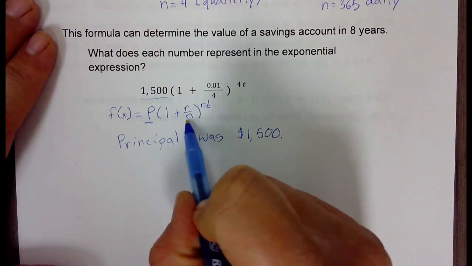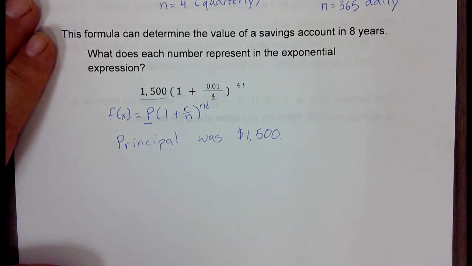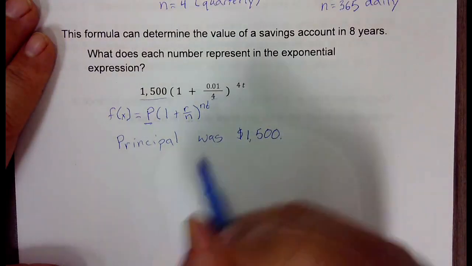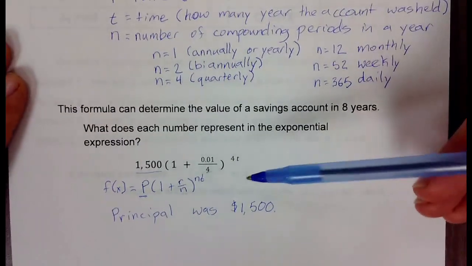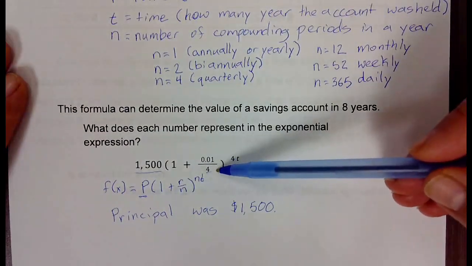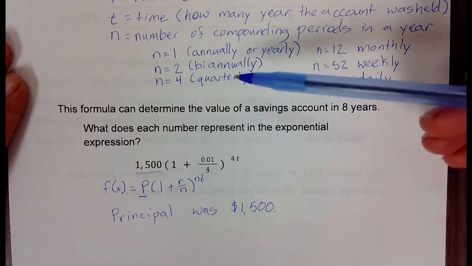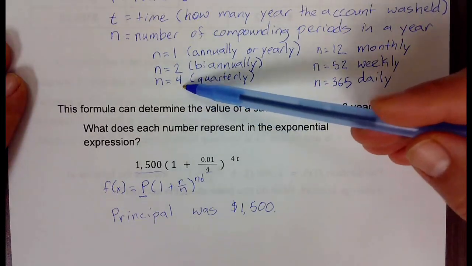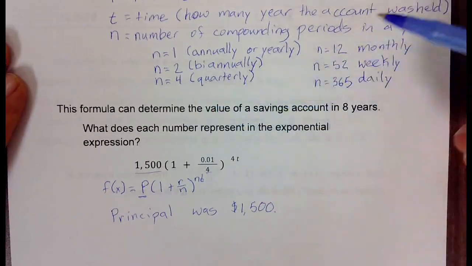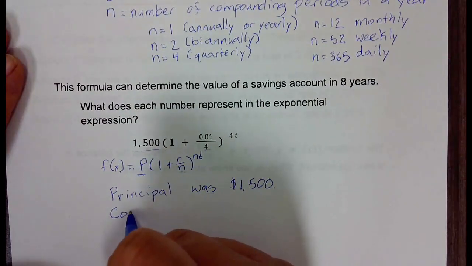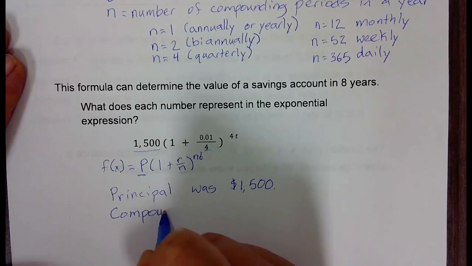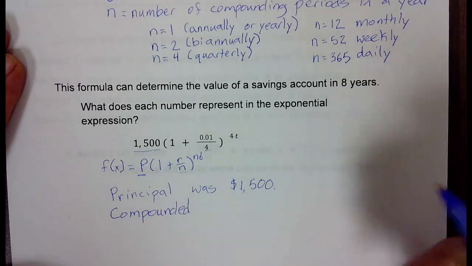And then I can look at N at the bottom, the number of times that it compounded each year, and say that, thinking back, it compounded 4 times a year. And I see that same number here. So that means it compounded, we also call that quarterly. So I'm going to write that down. Compounded quarterly.